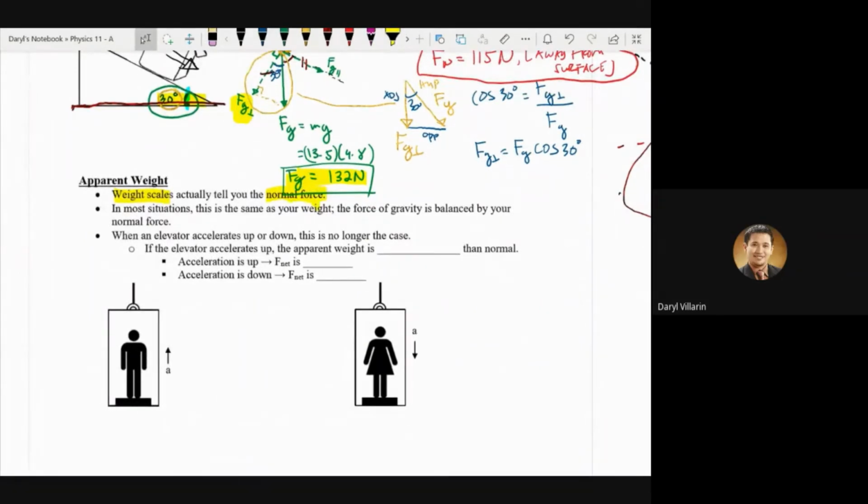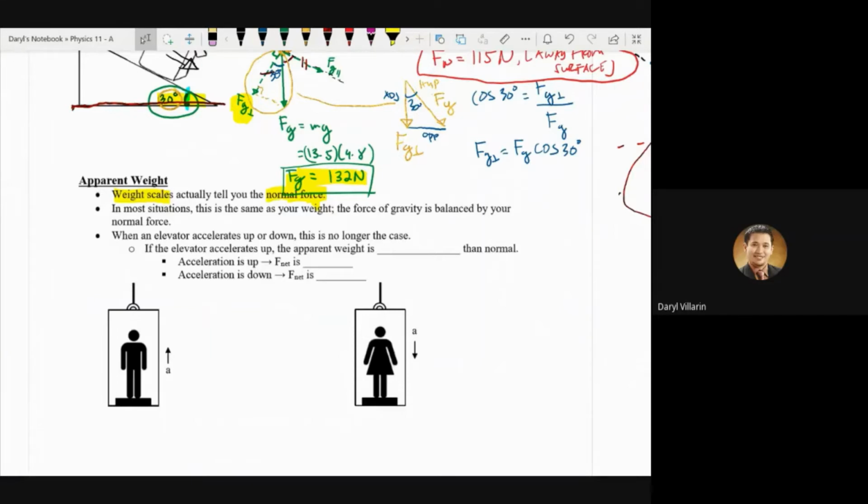In most situations, this is the same as your weight. The force of gravity is balanced by your normal force. You're pressing down on the floor because of your weight, your Fg, so you're trying to press down on the surface. If you're just lying horizontally, not moving, that is true.